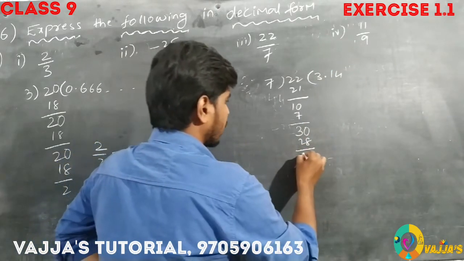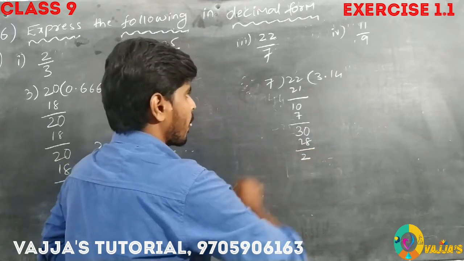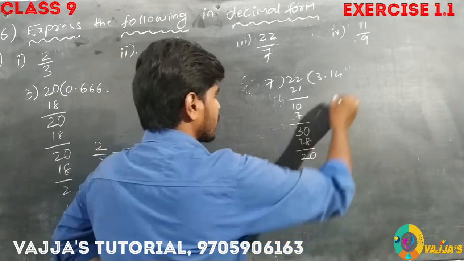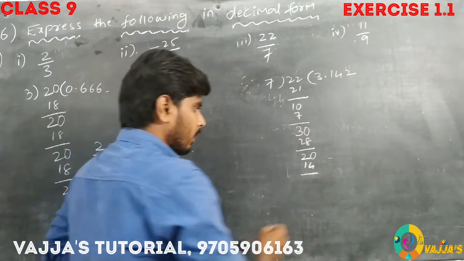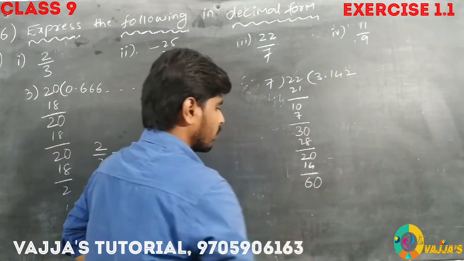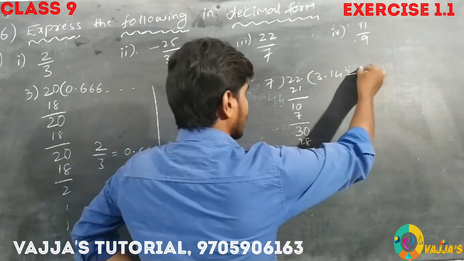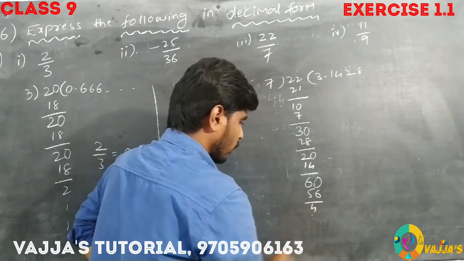Take remainder as 2 here. Next, take a 0 here. 7 2s are 14. Remainder you got here is 6. Take 0 here, and 7 8s are 56, remainder 4.